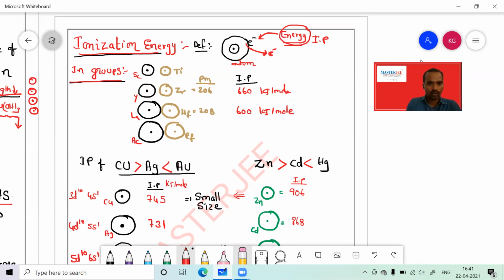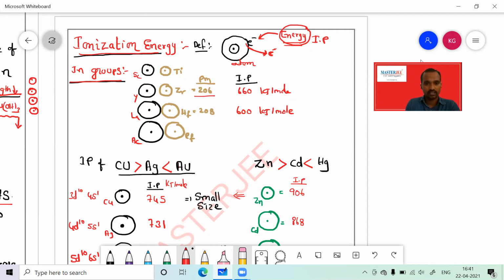Now in groups, what happens? See, first of all, I'm taking scandium in the third B group. In the third B group, scandium, yttrium, lanthanum, actinium, the size will be like this. Then titanium, zirconium, hafnium. In lanthanum, what happens? The atomic radius decreases, no? That means lanthanide contraction will take place.